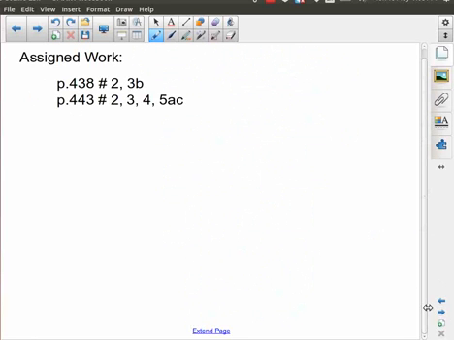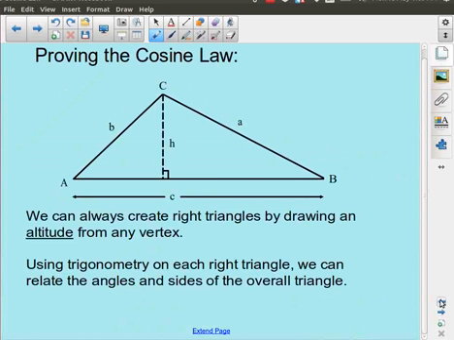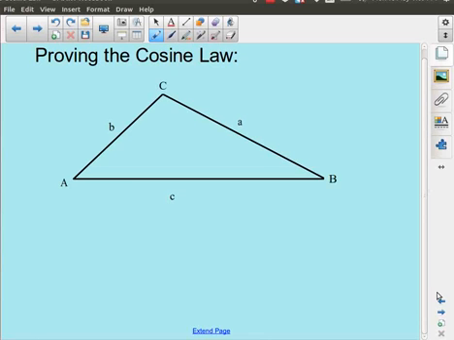Okay, so we're just doing those two examples, and there's some assigned work. But now I'm going to go back and look at the derivation, to give you an idea of where this is coming from. I might not even do the full derivation, but I at least want you to see it. It's on the next 2 pages, and I'll show you those nice copies in a moment.